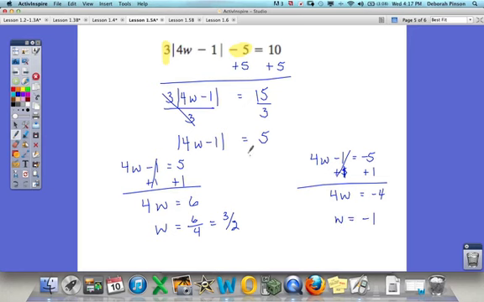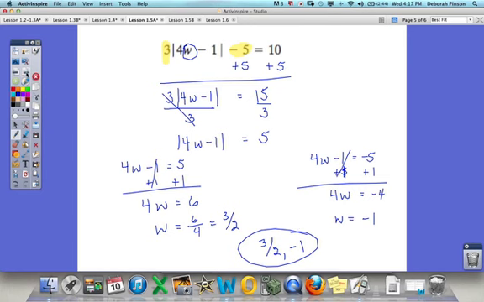Okay, now this one we do not have to check because there's only a w inside the absolute value. Again, if you want to check it, that's fine, but you will only have those extra solutions when there's a variable inside and outside. So this one you can check if you want to, but you don't mathematically have to.